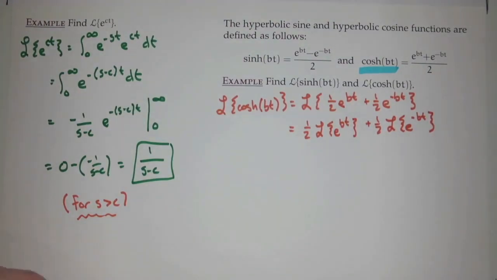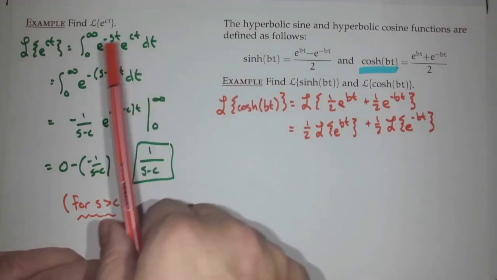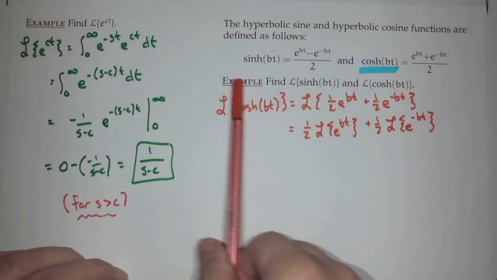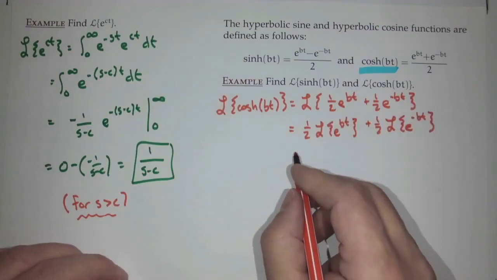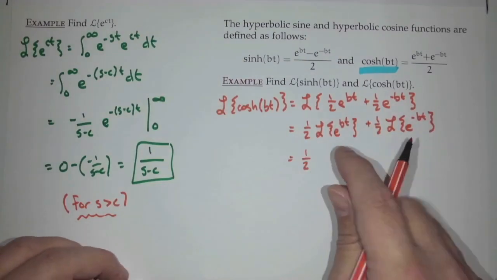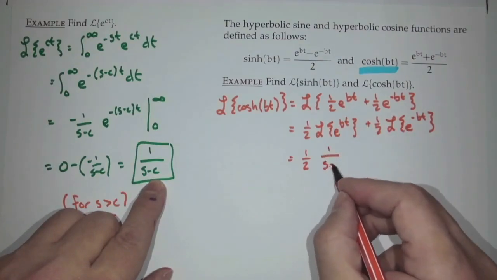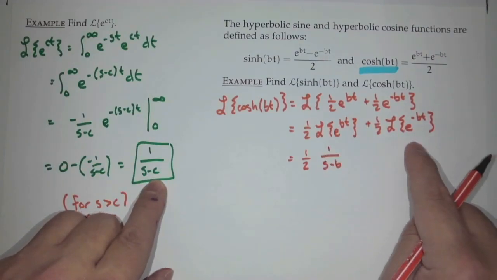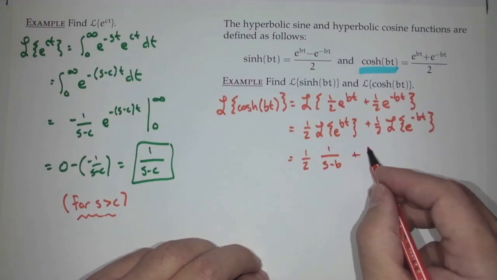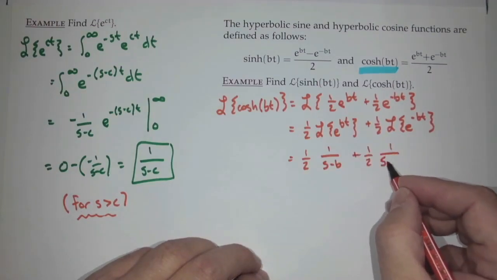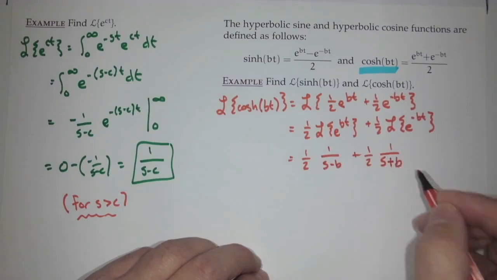It's the same as in the previous one. We know how to do those. The Laplace transform of e to the bt is 1 over s minus b. For e to the minus bt, it's 1 over s minus minus b, so s plus b.